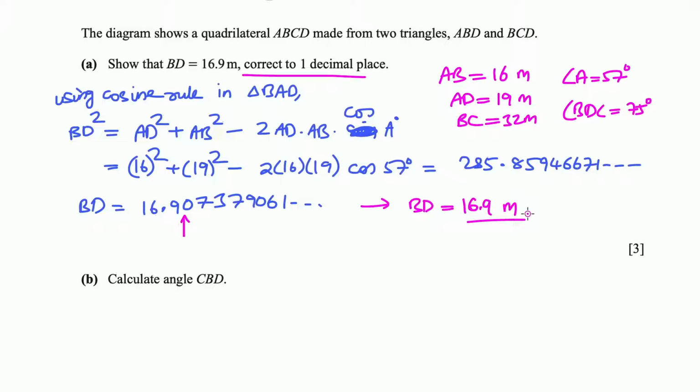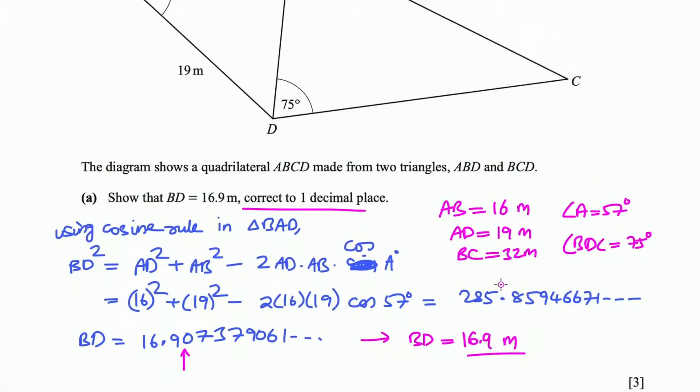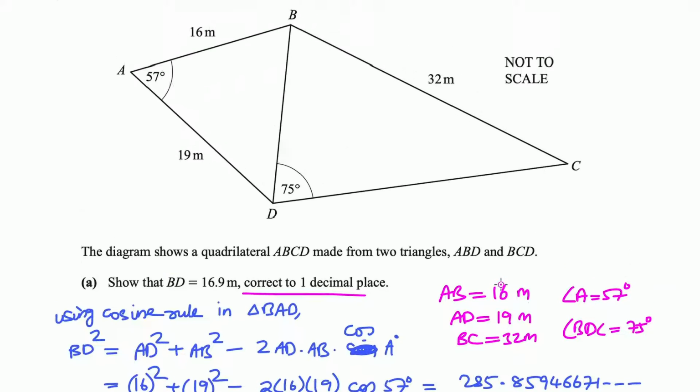Okay, that completes the first part. Now calculate angle CBD. In this question, they are asking us to calculate this angle. But look at it, we only know two sides. In order to use the cosine rule, we need to know the third side, but it is not there.